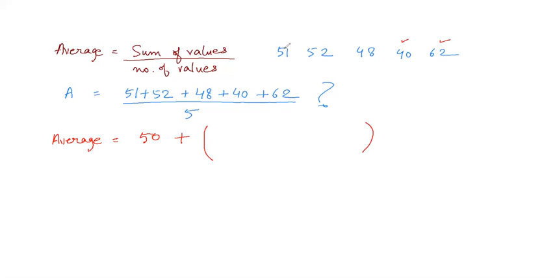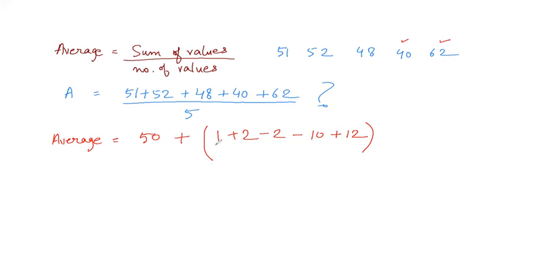So the difference between 51 and 50 is 1, plus the difference between 52 and 50, that is 2. Then the difference between 48 and 50 is minus 2. The difference between 40 and 50 is minus 10. And the difference between 62 and 50 is plus 12.